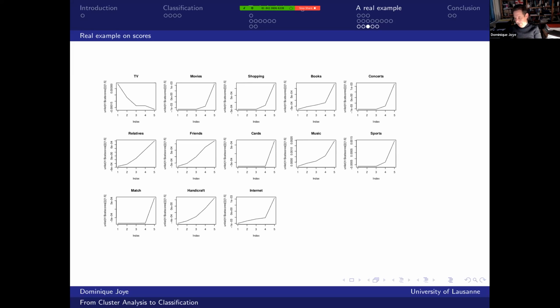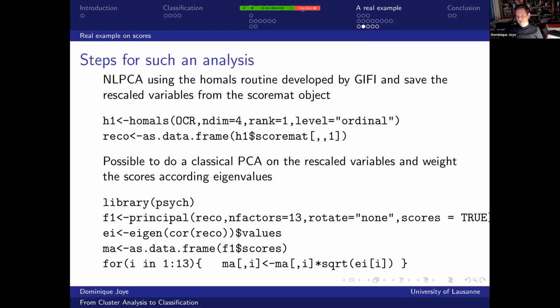And this is a way that you can use categorical variables as input for a cluster analysis after. Okay? So when we have done this kind of transformation, we can do a principal component analysis and use the factor scores of the principal component analysis for the cluster analysis afterwards.